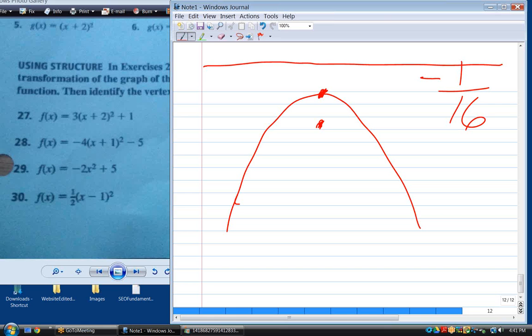In other words, I wouldn't have said the focus is -1/16. I would have said the focus was 1/16. Then I would have graphed my parabola, and I know that my focus is below my vertex, so I don't have any problems placing the focus. It's just how you talk about it.